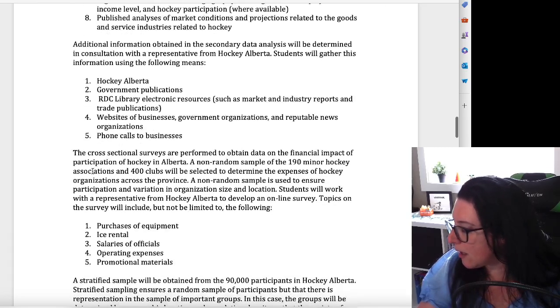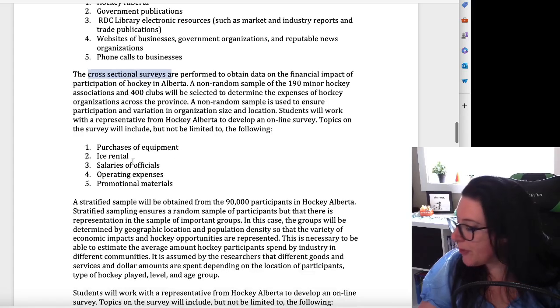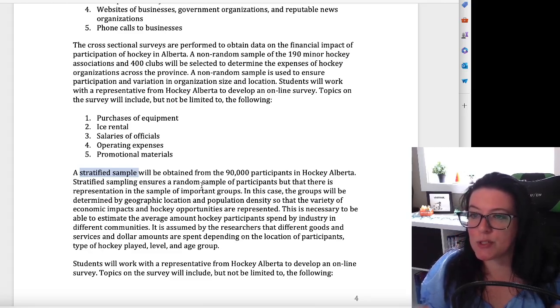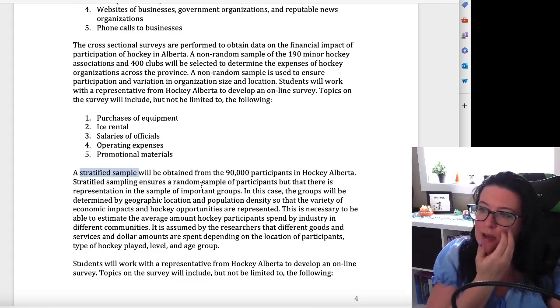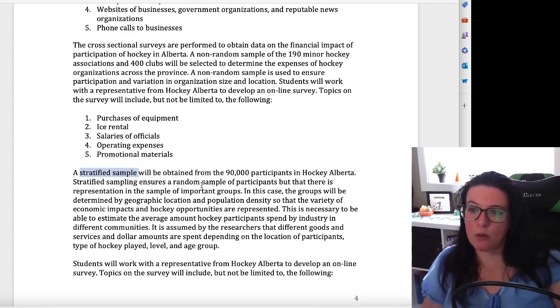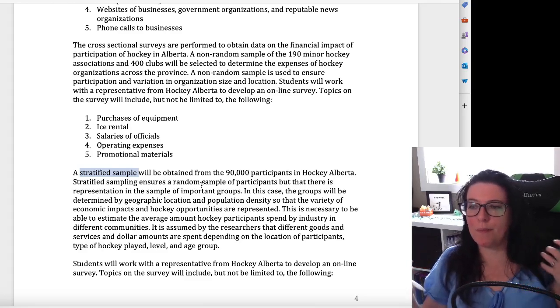You'll notice here it says that we're doing a cross-sectional survey, so a one-time survey, and we're using stratified sampling. With stratified sampling, we want to make sure that there is representation of important groups within the sample. In this case, we want representation from different geographic locations, from rural Alberta, from the bigger cities.